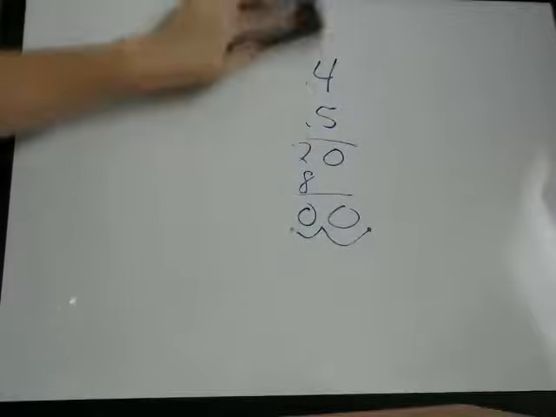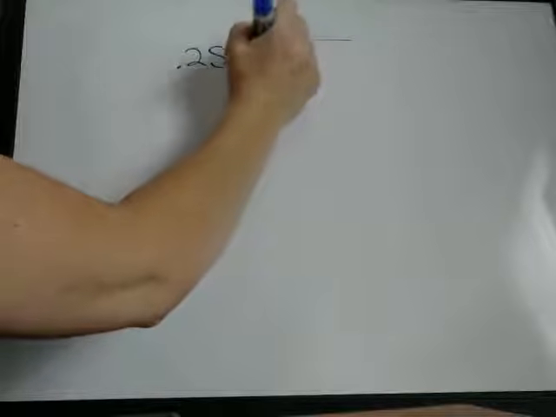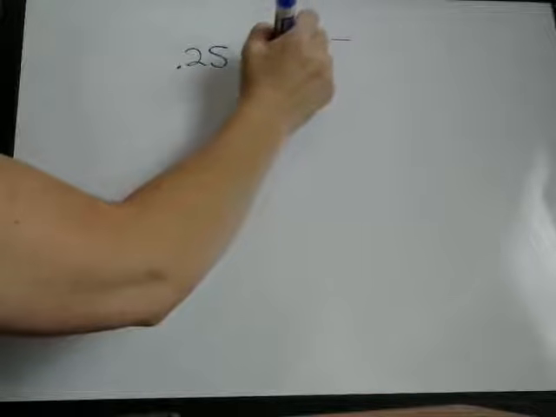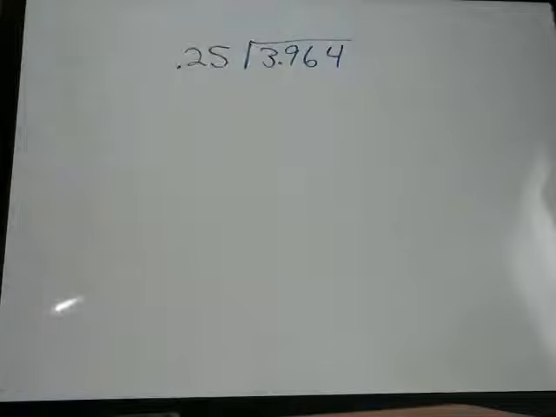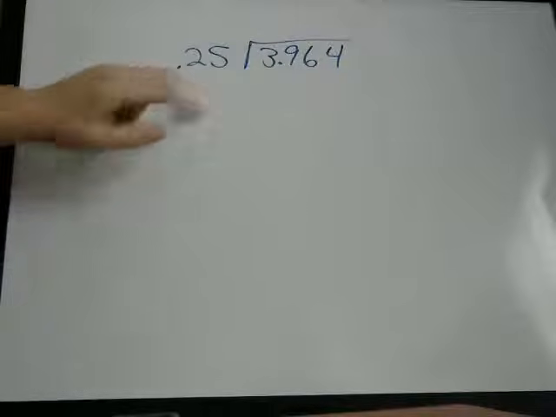When we're dividing decimals using long division, and again there's a video on long division as well, let's say we're doing 0.25 into 3.964. That is 3.964 divided by 0.25. When we're doing long division, we can't have a decimal out here. We can't divide by a decimal.